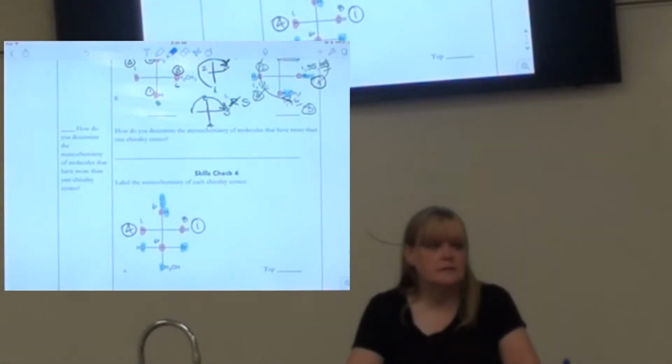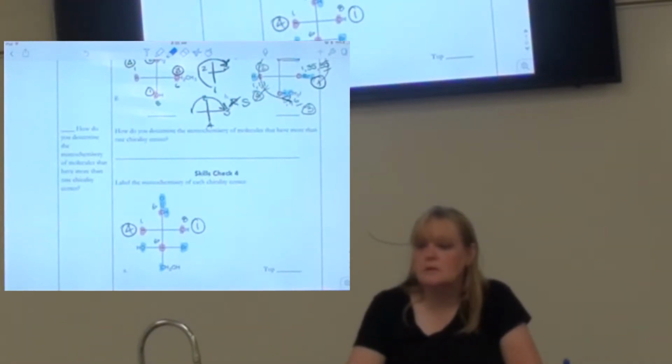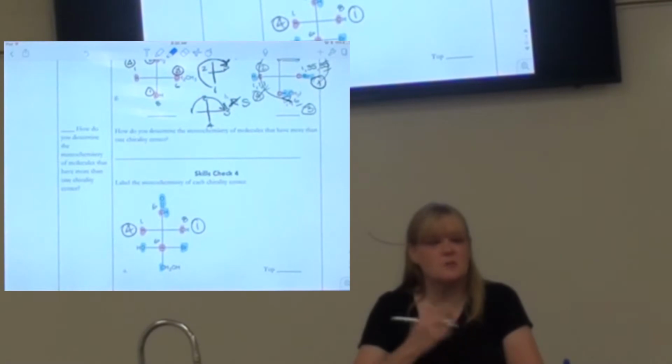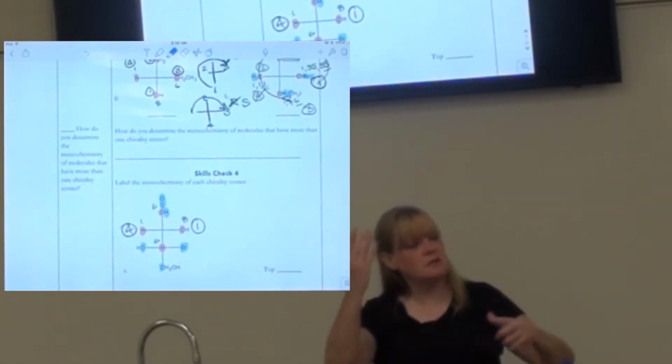Maybe highlight each layer, because otherwise when you get down to the chirality center, it's like, what's attached?